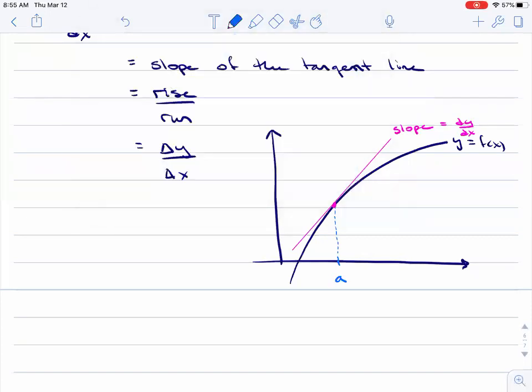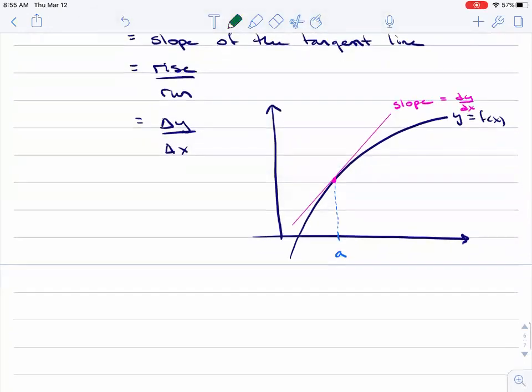So if I go, let's do another color here, probably just for fun.